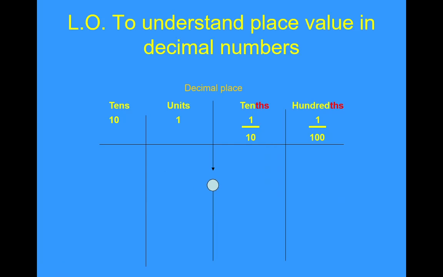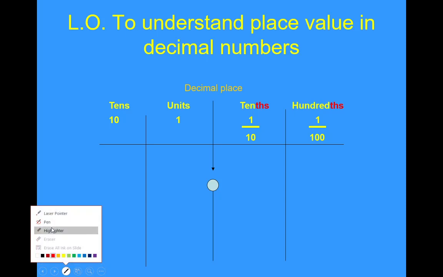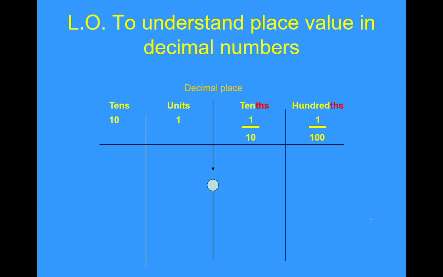So in this one, let's try and think about where we would put the number. Sorry, let me just quickly write this. If we were going to write it down here, 0.5 or 5/10. Where would we write that in? Would there be any tens?